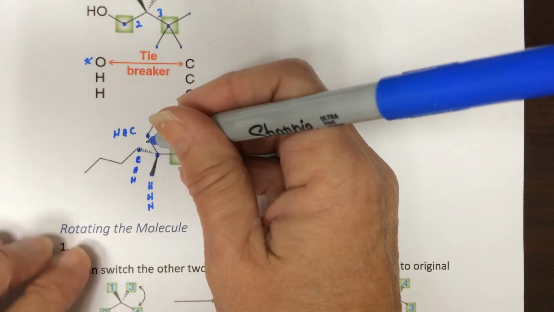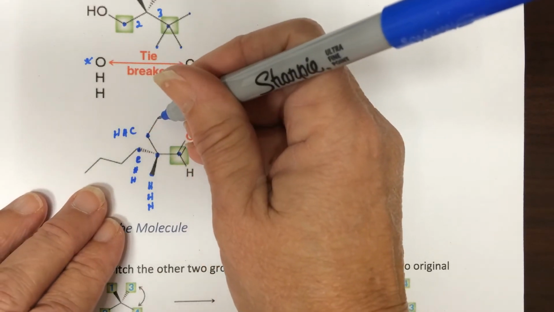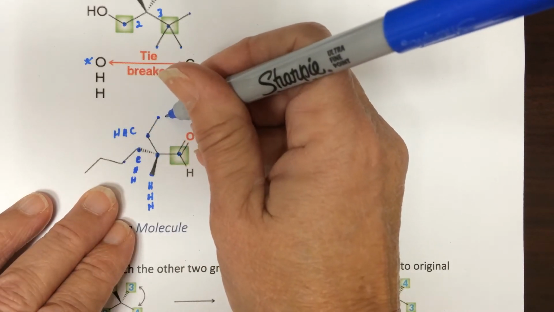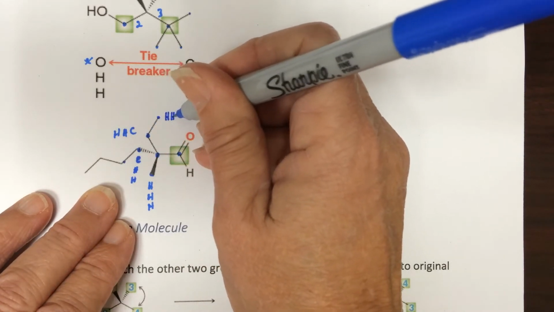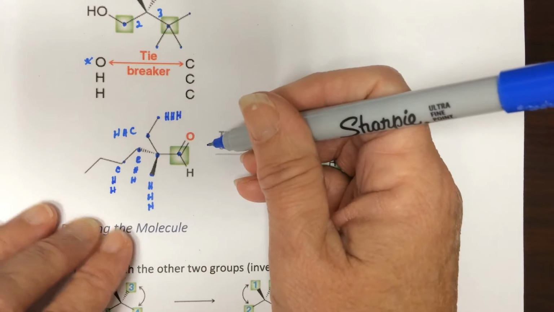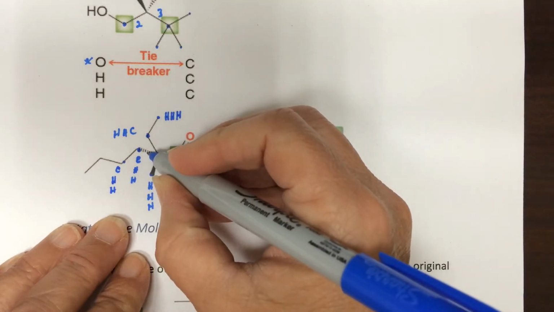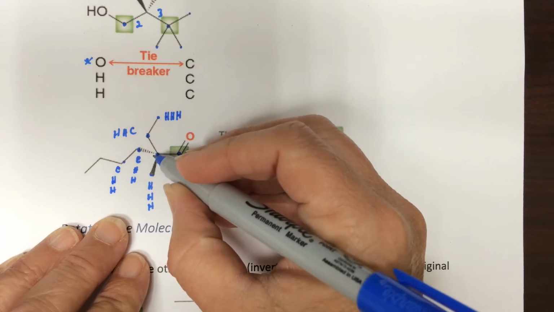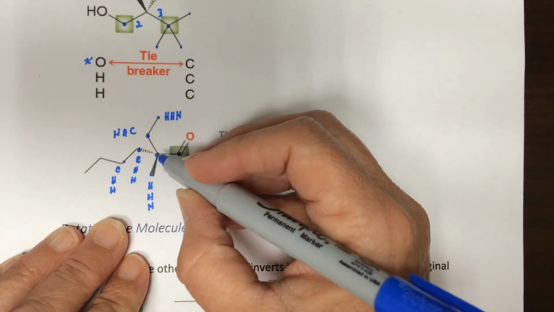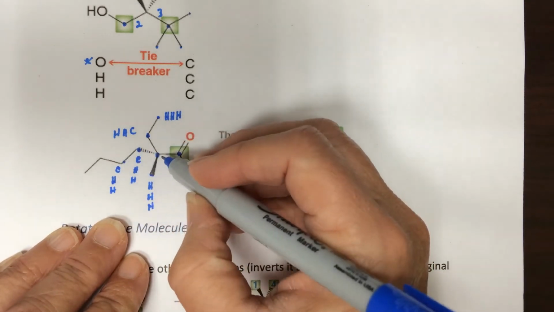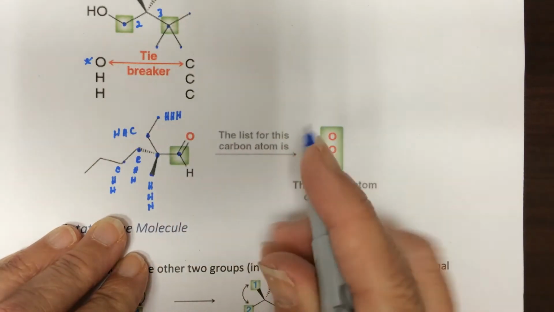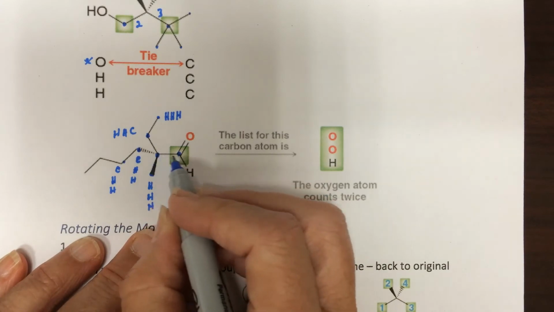Uh-oh, they're tied again. So we have to go out again. This one is attached to 3 hydrogens, and this one's attached to a carbon and 2 hydrogens. So this one, the long one, will be higher priority than the short one. And that's a rule in general you can just count on. If it's a hydrocarbon, the longer hydrocarbon chain is going to be more important.